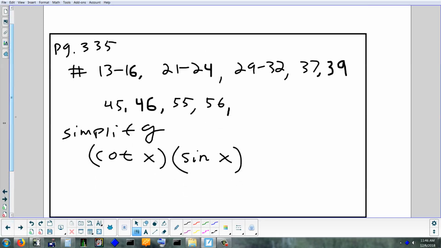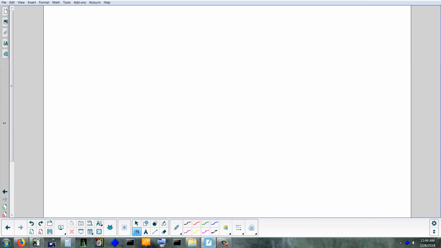All right, so kinds of things you want to know for the test. I'm going to give you a problem that says something like this. Theta is an angle in standard position.